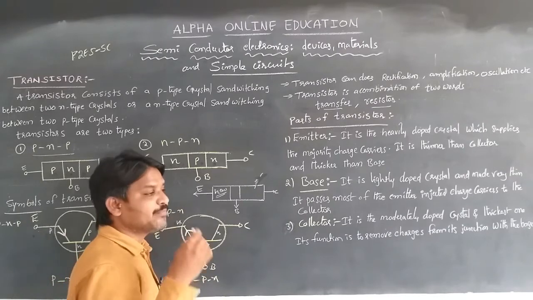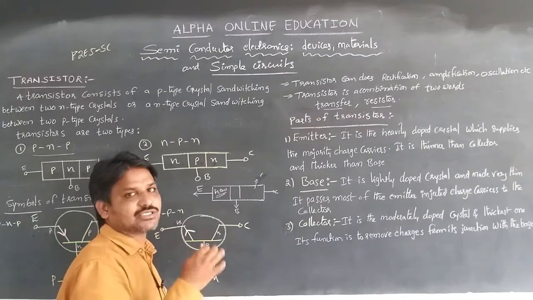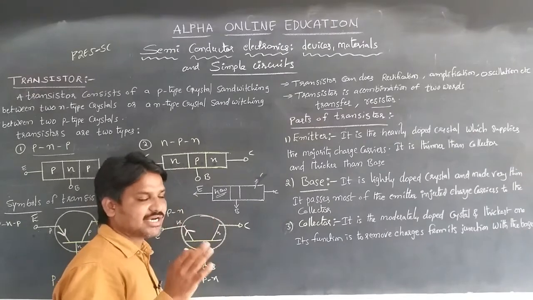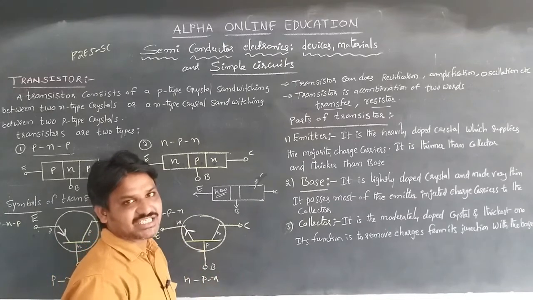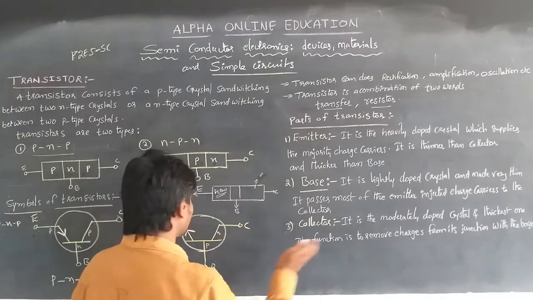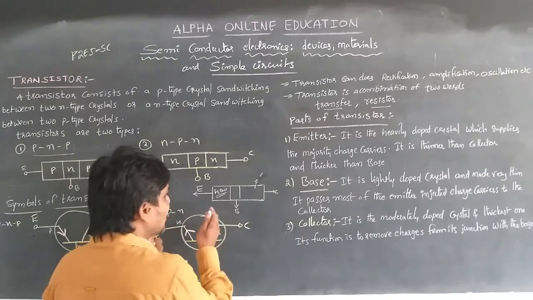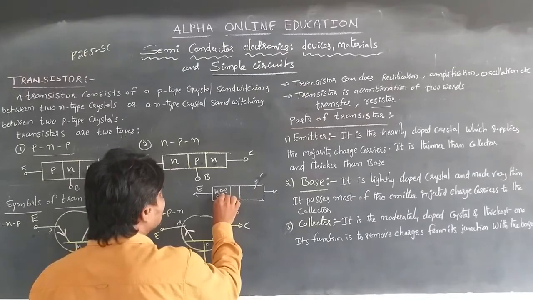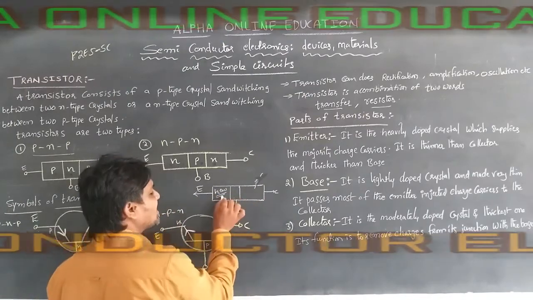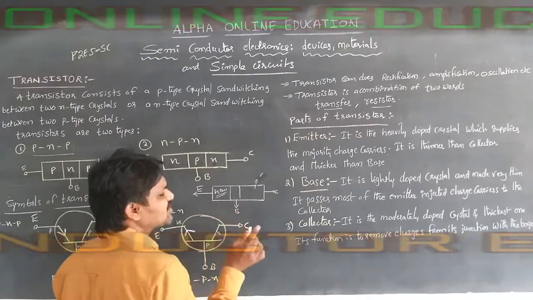The main role in conduction is played by the majority charge carriers, so the emitter emits the majority charge carriers, meaning it gives them to the circuit whenever it is connected in the circuit. It is thinner than the collector and thicker than the base, meaning it is middle in size.